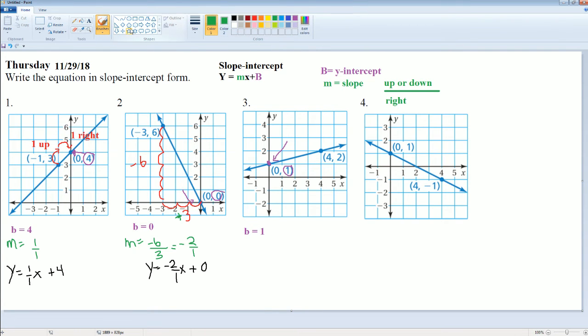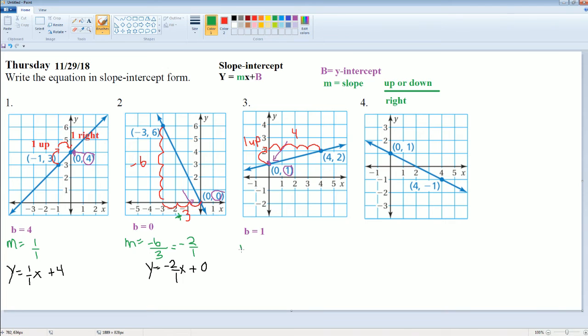Alright, let's find the slope now. Okay. Looks like it starts here. How much do we go up? Looks like we went 1 up, so that's positive 1. And how much do we go to the right? 1, 2, 3, 4. So we went 4 to the right. Alright, it gets us our slope now.